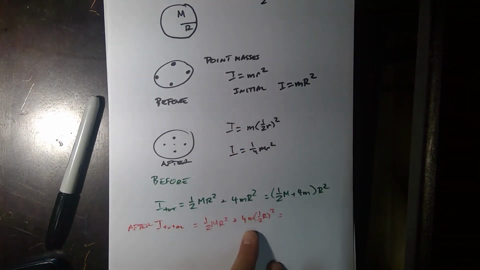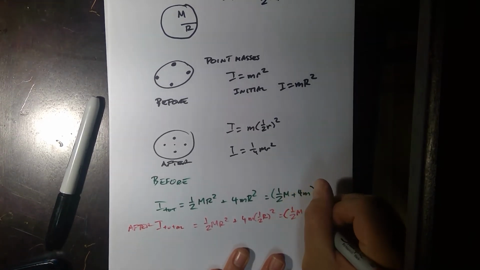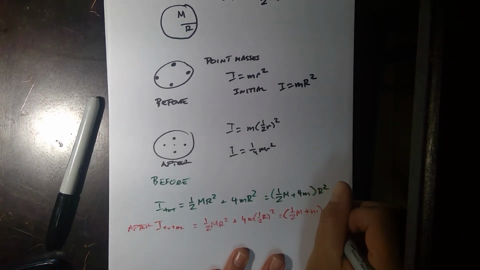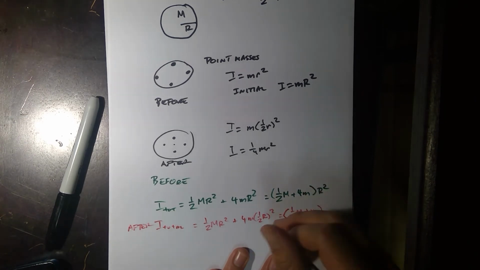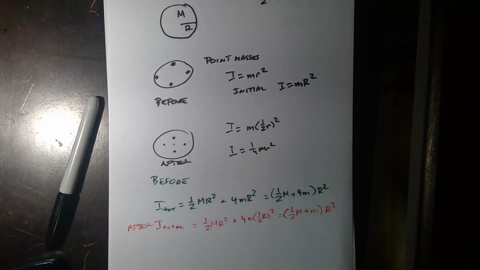Each of those ends up being a 1/4. So basically the disk is the same, but now you've got just a term of m there once you do all the math, and you have r squared there. So you can see, just comparing these terms, that the moment of inertia of the system has changed.